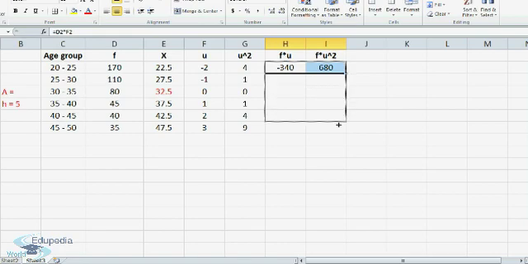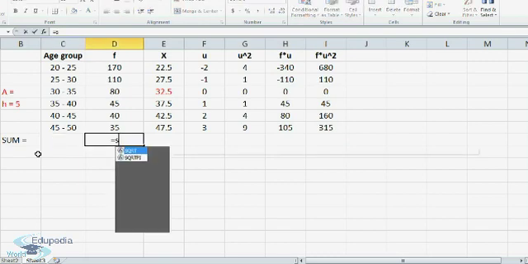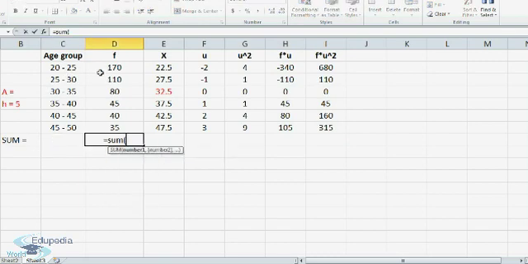And drag it down for all the cells in these two columns. We have these numbers ready, and now we can find the sum of all these. We need to find the sum of the values of f to get the value of n.